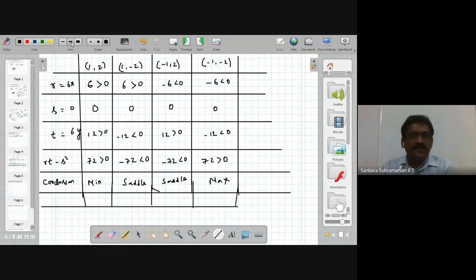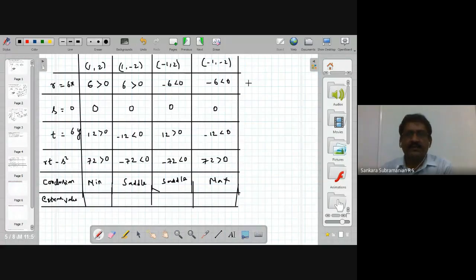So this we call an extreme value. What is the extreme value? This is the minimum value. You have to substitute x equal to 1 and y equal to 2 in the function.